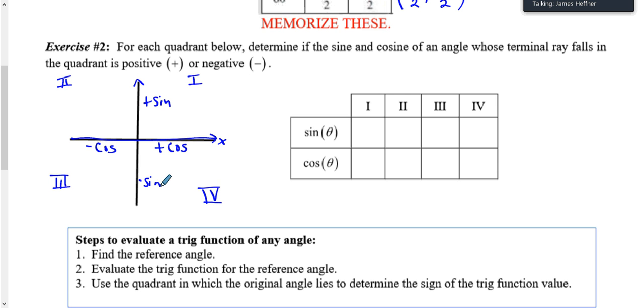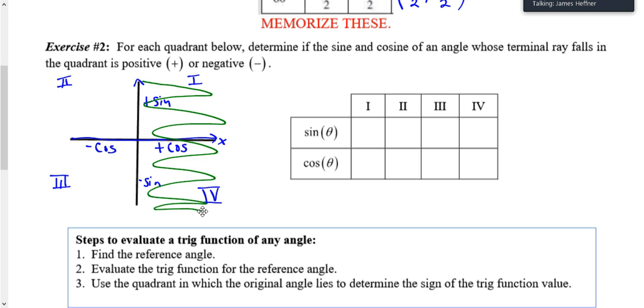Okay? So basically, everything out here is going to have a positive cosine. You agree with me? And everything over here, any point out there, will have a negative cosine. But let's look at the top and bottom of it.